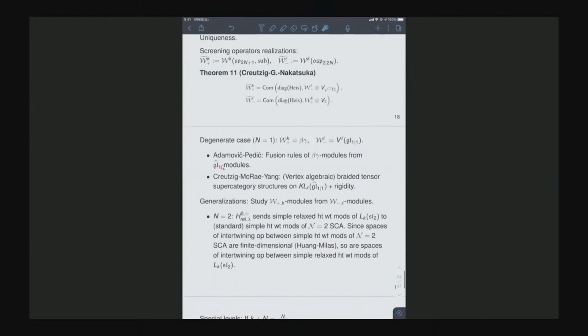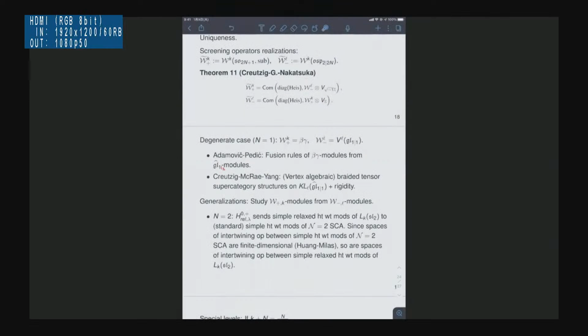And also recently, Creutzig–McRae consider the Kazhdan–Lusztig category of affine GL(1|1), and they prove a braided tensor category structure on this category and prove rigidity. So using this duality, we expect that we can prove a braided tensor structure on the module category of the beta-gamma system.